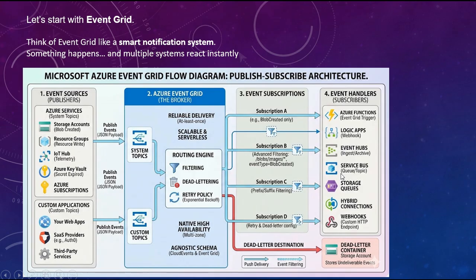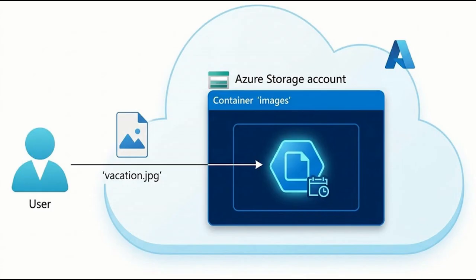So we can say a blob is uploaded. What is a blob? Blob is nothing but an image here, uploaded to the Azure storage account. Actually, we call it Blob Storage in Azure, so we are assuming it as a blob.